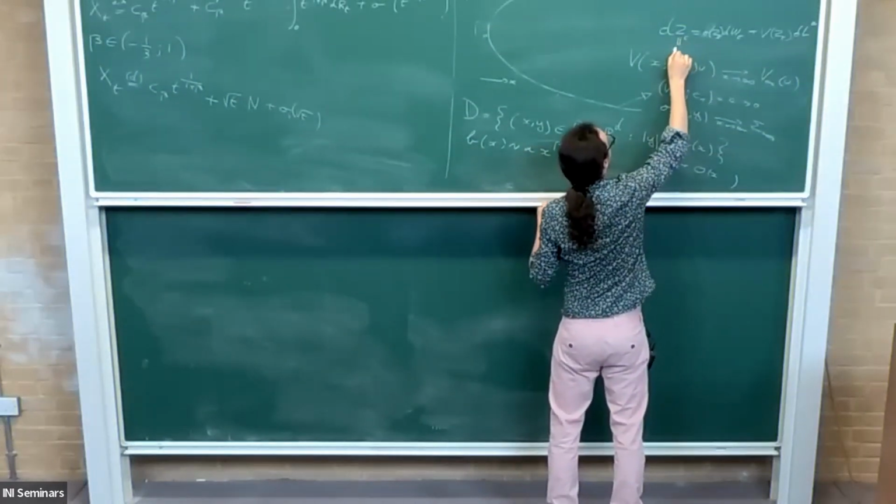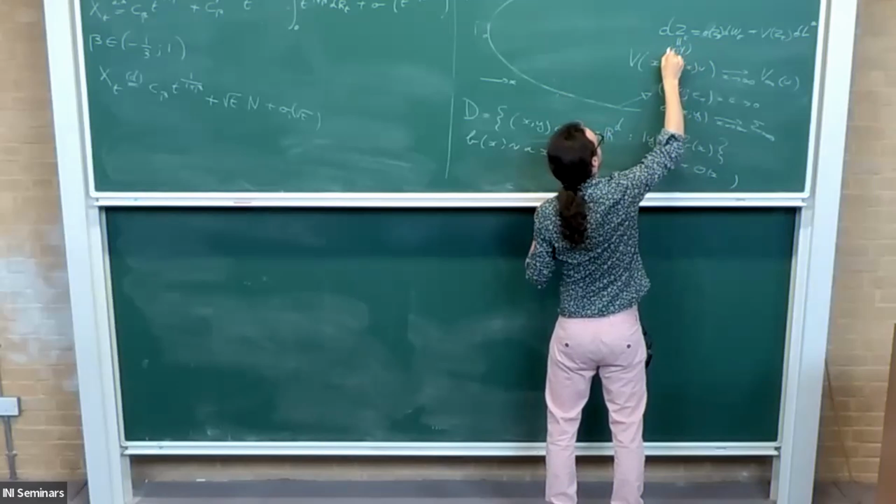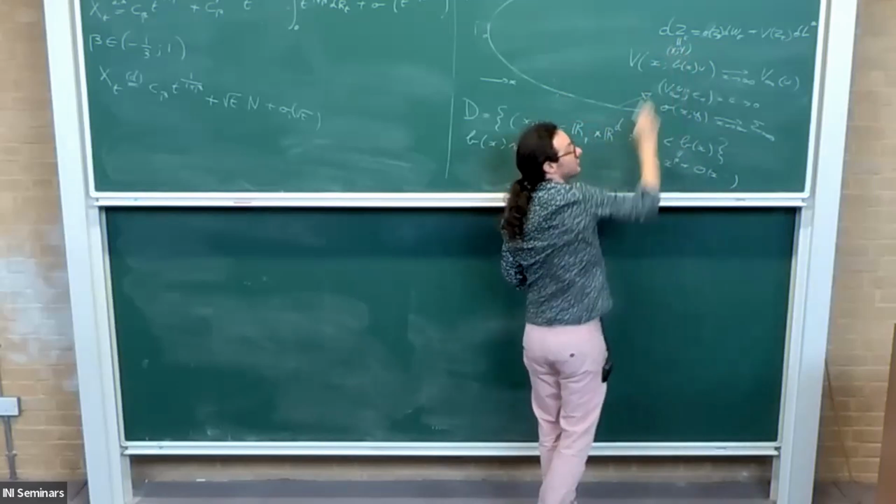So z is equal to (x, y). This one is one-dimensional, this one is d-dimensional.